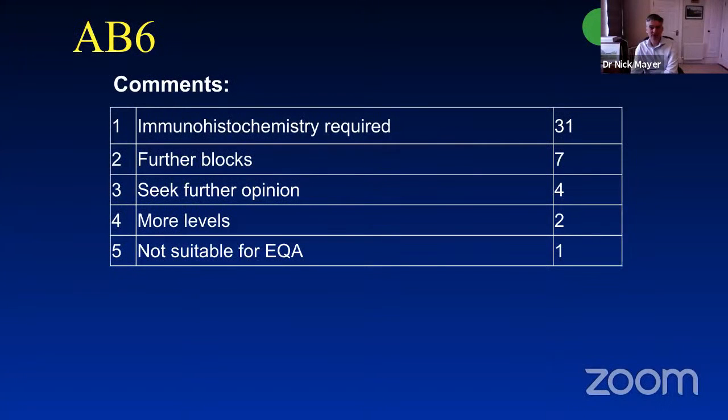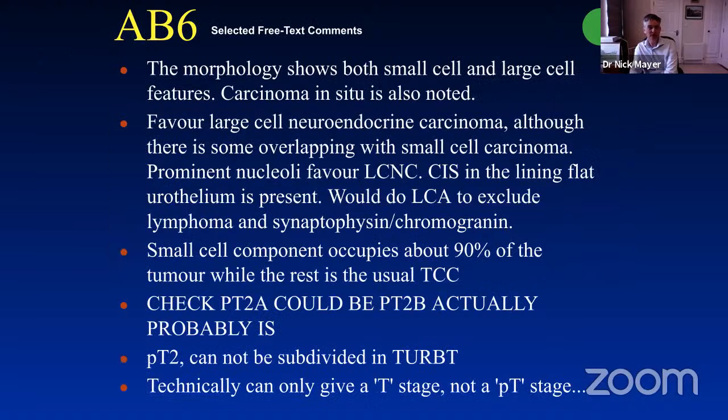So in terms of comments, 30 people wanting additional immuno, only one person saying unsuitable for EQA, and lots of comments. These are very selected ones, but basically they summarize what people were feeling with this case, that there was probably a mixture of small cell and then a larger cell component to the tumor.